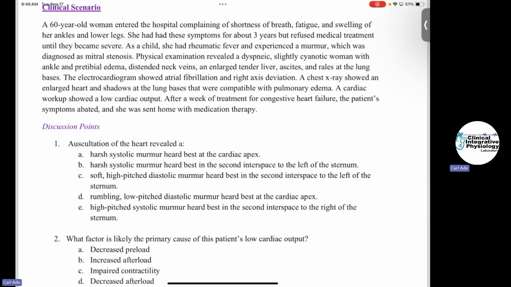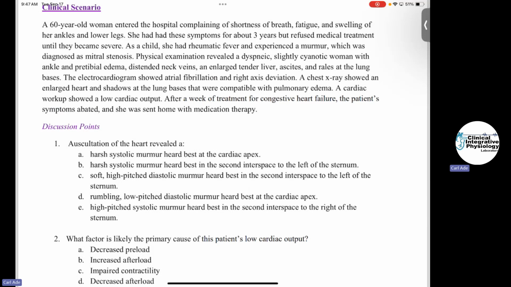The exam revealed that she had some dyspnea, she has trouble breathing, she had edema, and distended neck veins, and this is a really important clinical sign that relates back to cardiac function, so we'll get into that a little bit. She had a large, tender liver. This has important cardiac implications. Basically, I'm going to give you a preview of this.